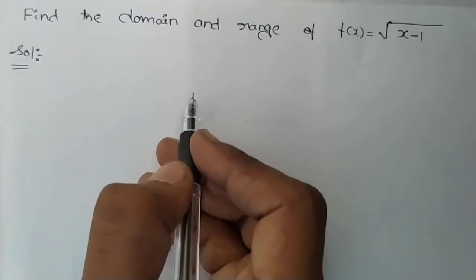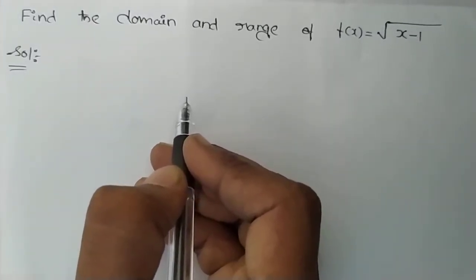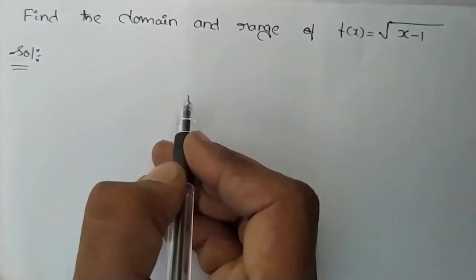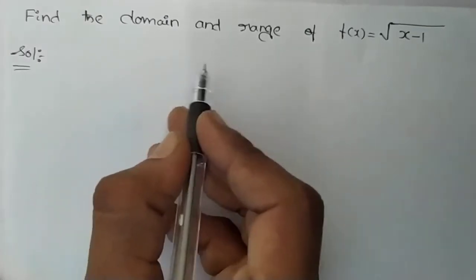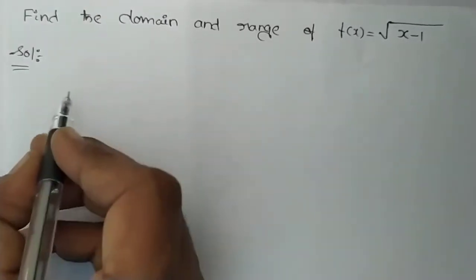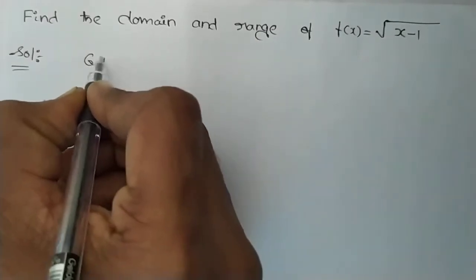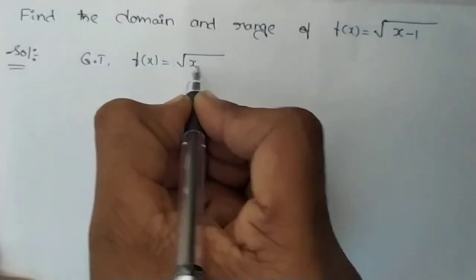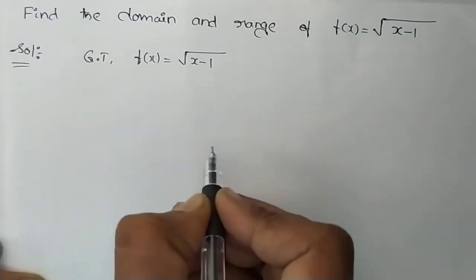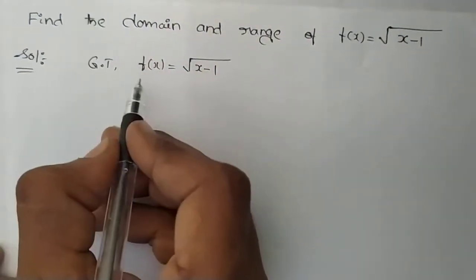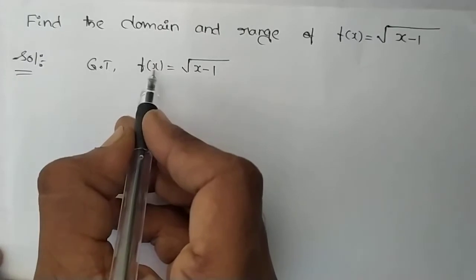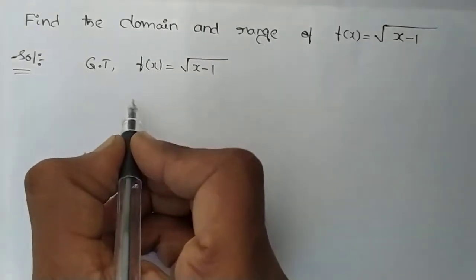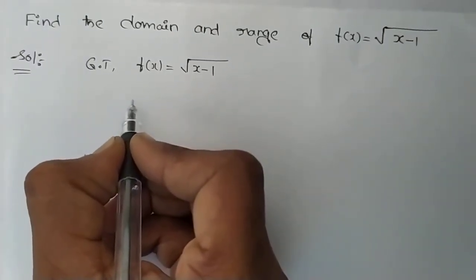You just see the previous class, you came to know the procedure of finding the domain and range. First write down the given function, f of x equals square root of x minus 1. You just take the values of x.